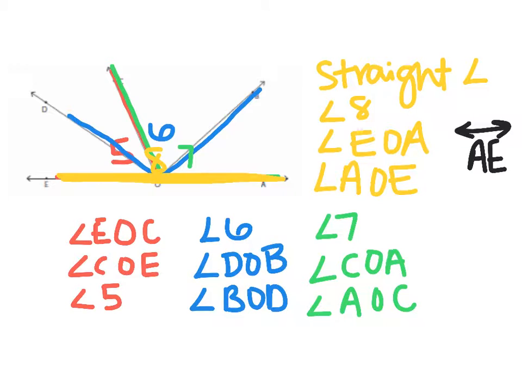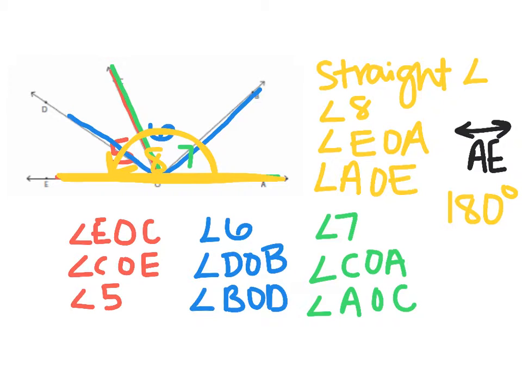Sometimes a straight line and a straight angle are the same thing. It just depends on how you're looking at it. This straight angle measures 180 degrees. It's like two right angles bumped up right next to each other. A straight line measures 180 degrees.